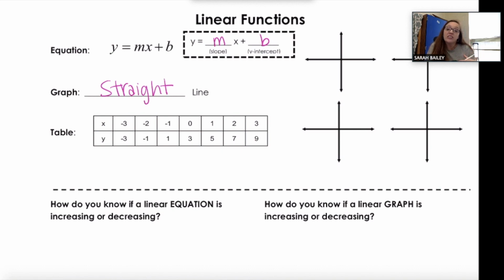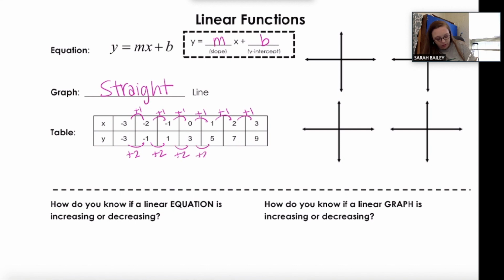And then as far as the table goes, when you're talking about a linear function, it's going to have that constant rate of change. So if I'm looking at this table, as I go from -3 to -2 on the x side, I'm adding 1 again, adding 1. So as I'm moving up, I'm adding 1. On this side, I added 2.